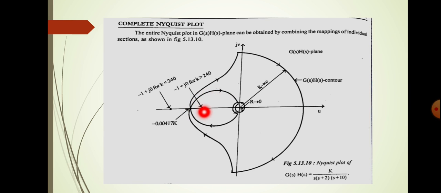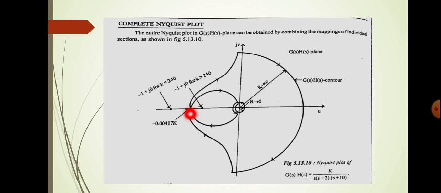If this is the minus 1 plus 0j point and k is greater than 240, the curve is here. If you start from here, it will go in the arrow mark direction like this. So there is a first encirclement in the clockwise direction, and next there is a second encirclement in the clockwise direction. How many times does it encircle this point? Two times.